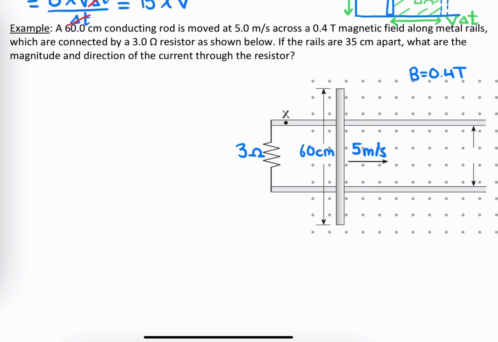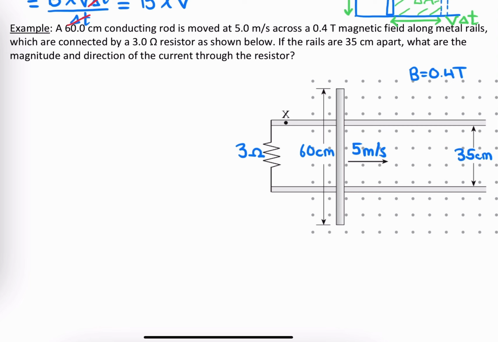If the rails are 35 centimeters apart, what are the magnitude and direction of the current through the resistor?